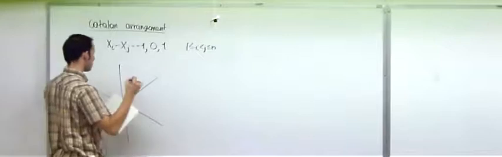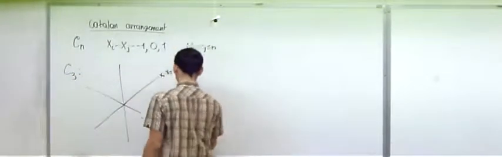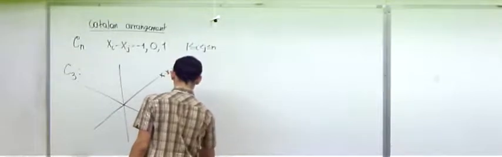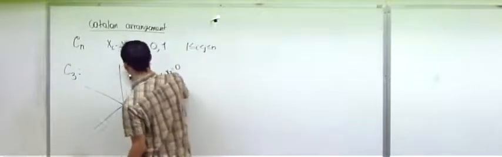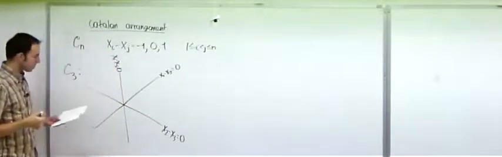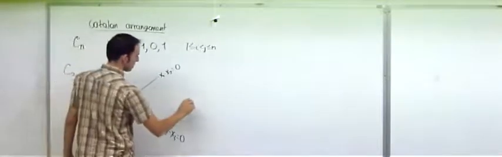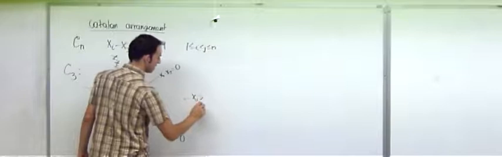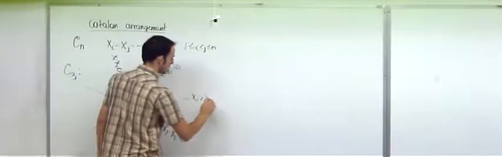This is going to be x1 minus x2 equals 0. This is going to be x2 minus x3 equals 0. And this one is going to be x1 minus x3 equals 0. Then, for example, this one right here is going to be the region where x1 is bigger or smaller? Bigger. Okay?